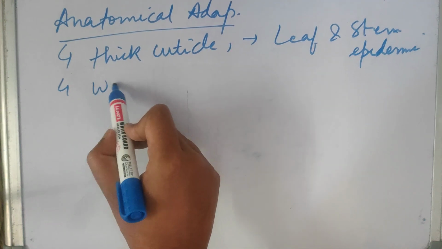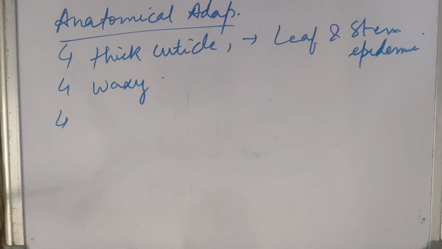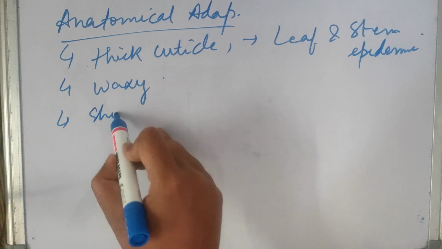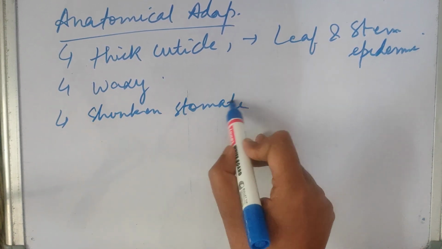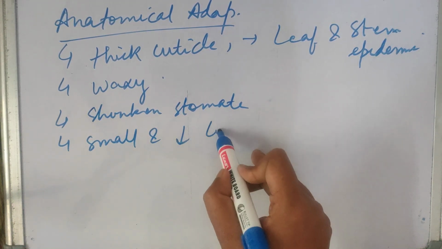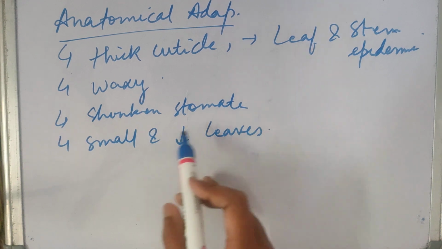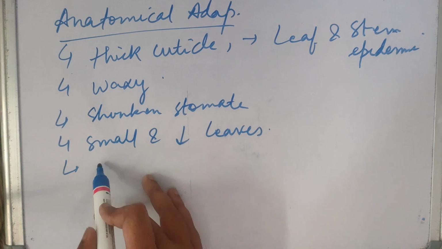We can see presence of a waxy layer on epidermis so that the light can be reflected. We can see sunken stomata, small and reduced lips, and mechanical tissues like sclerenchyma are well developed.